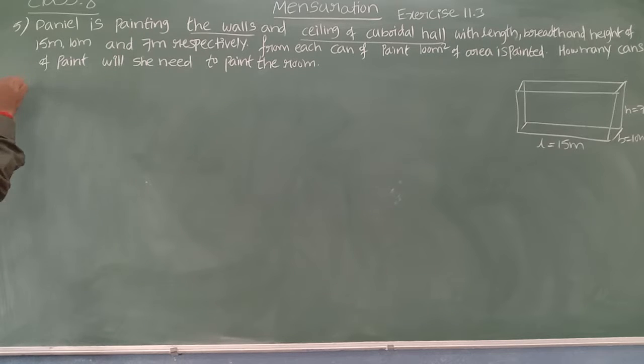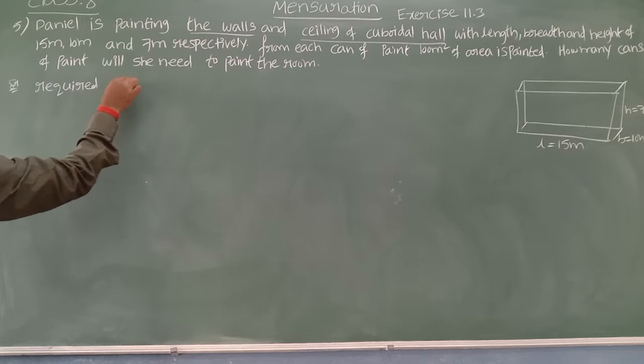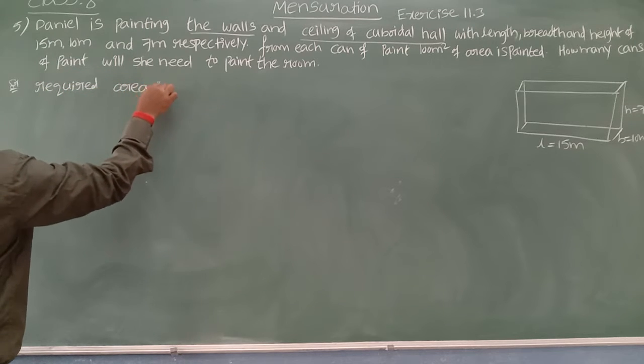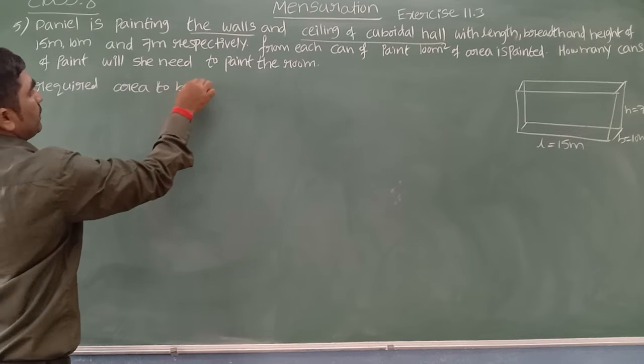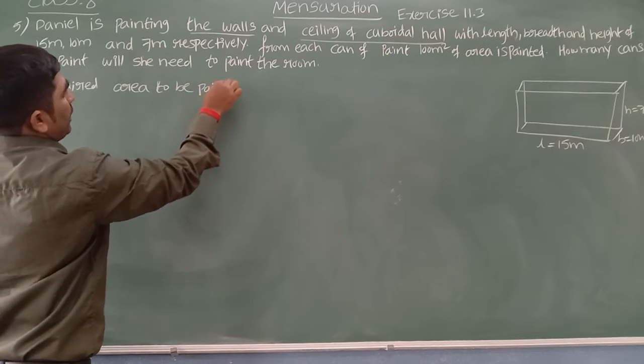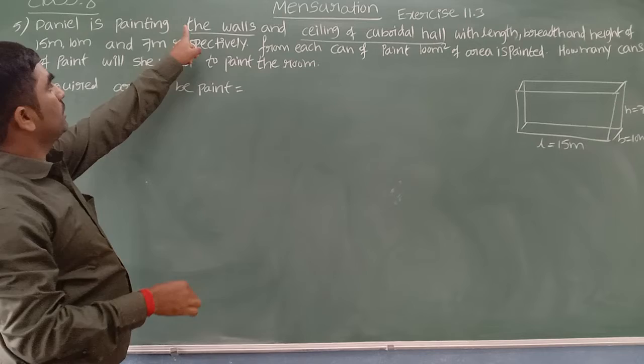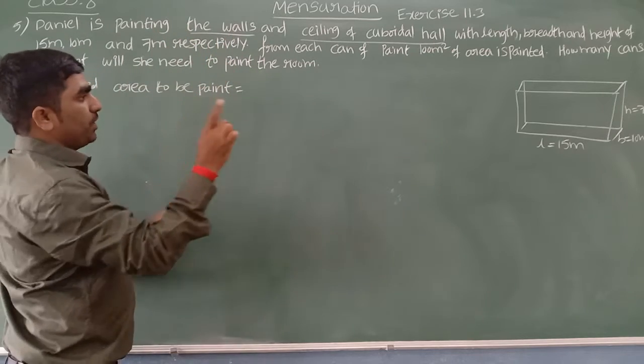See, better write your solution. Required area to be painted is equal to, how can I find how much area we need to paint? Painting the walls, I mean 4 walls.